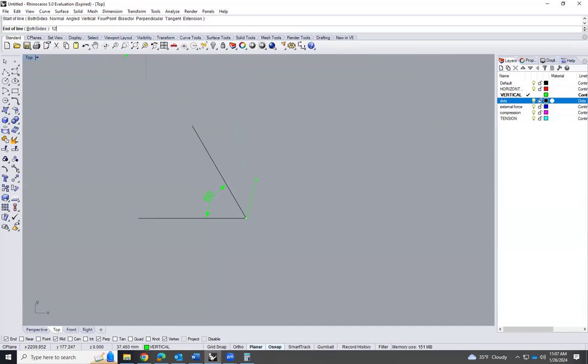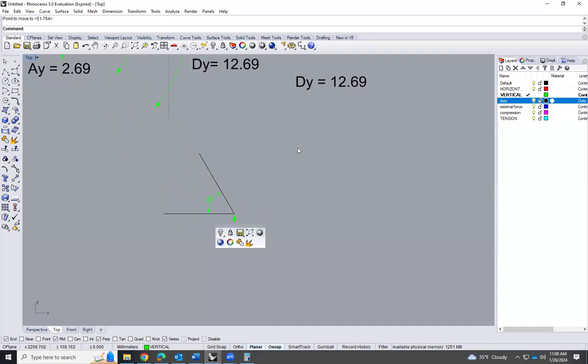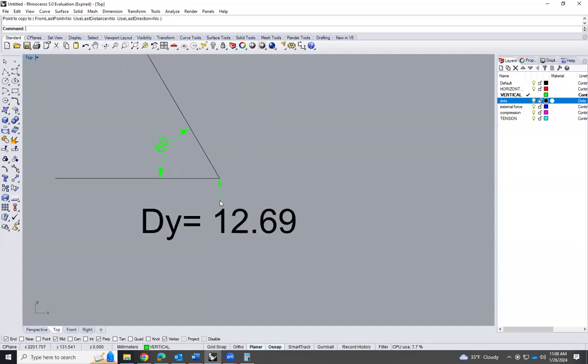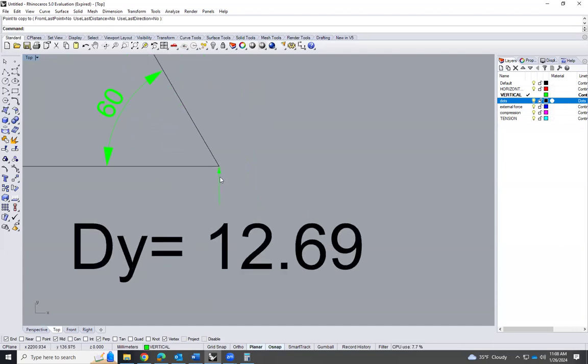It's 12.69, and it goes up. Okay, so that value is 12.69 going up.